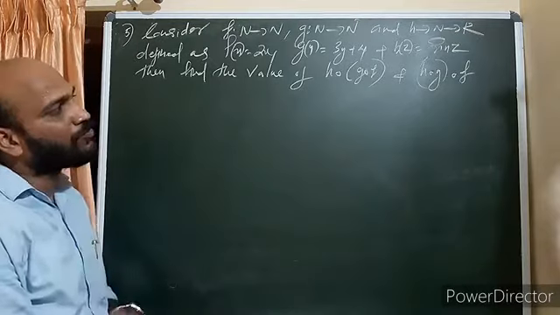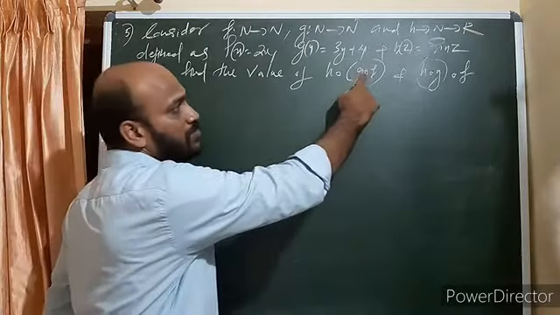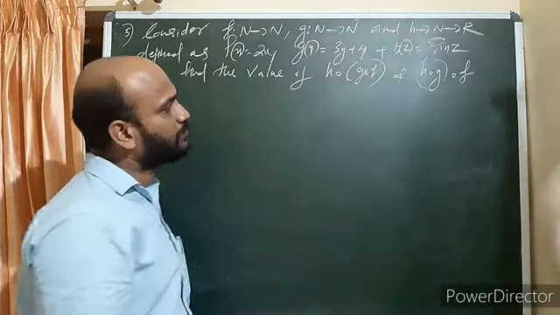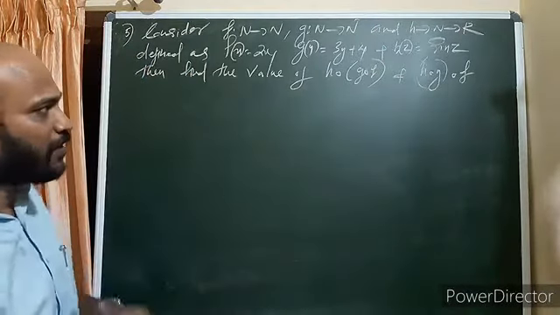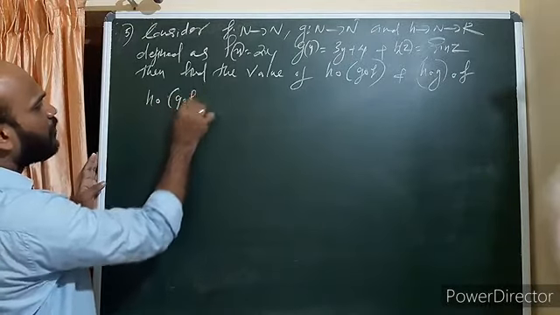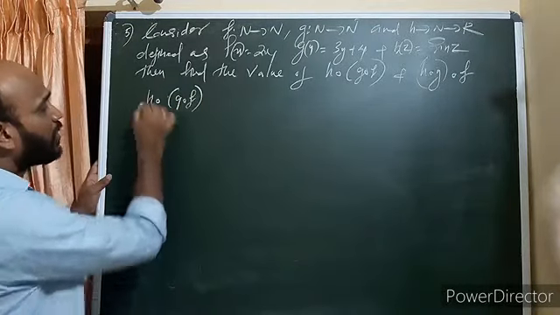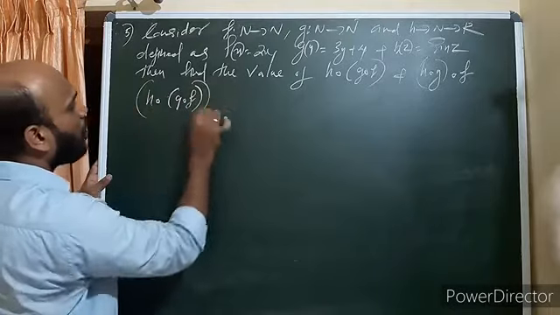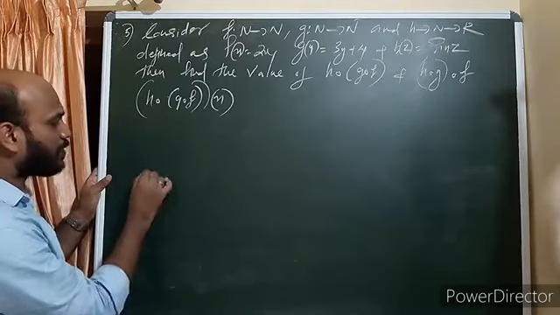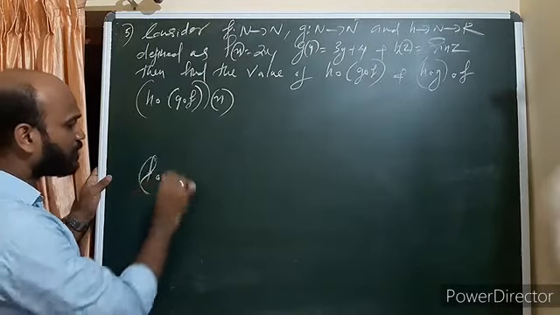Then find the value of h of g of f. How can we find the value? h of g of f means you have to find the value of h of g of f of x. For finding this value, you have to compare with f of g of x.